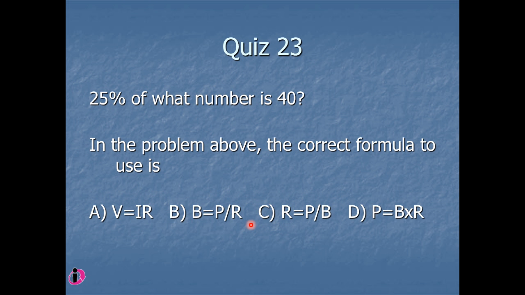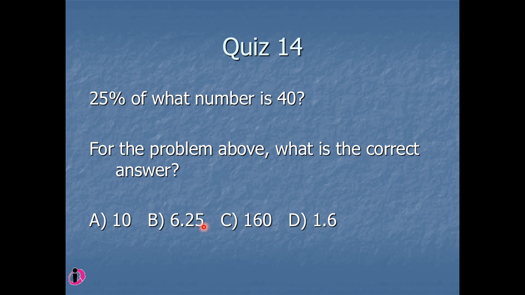Okay. What would be the correct formula here? B, right? B equals P over R. Okay. Now, if we use this formula, what would be the base?